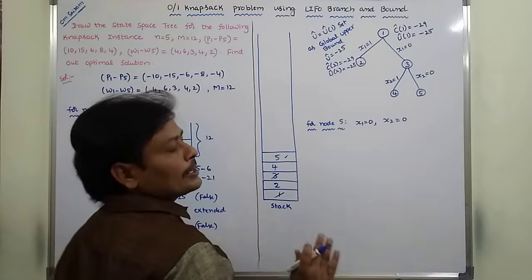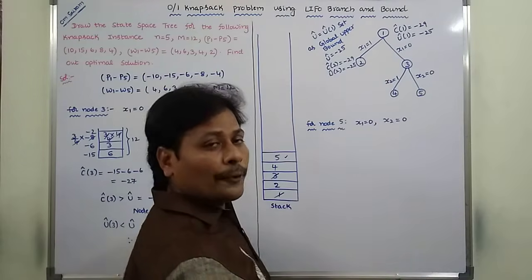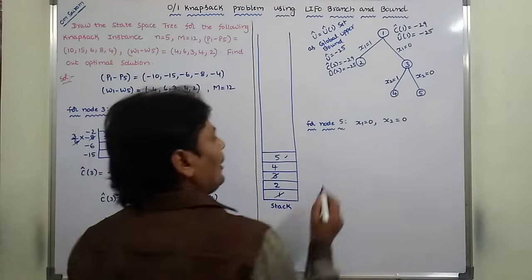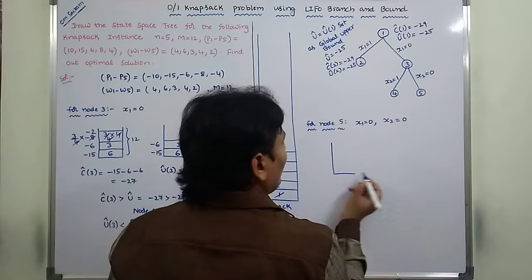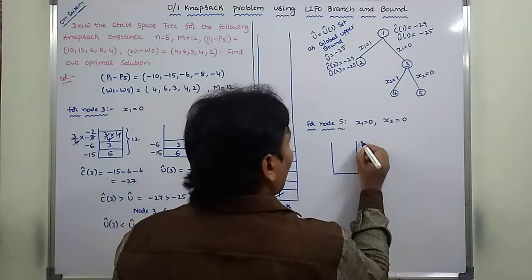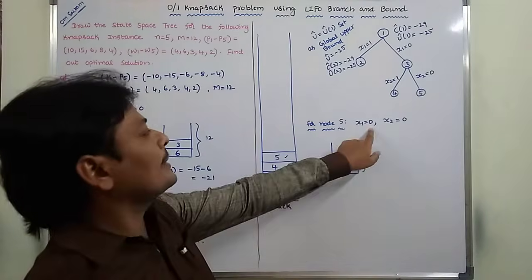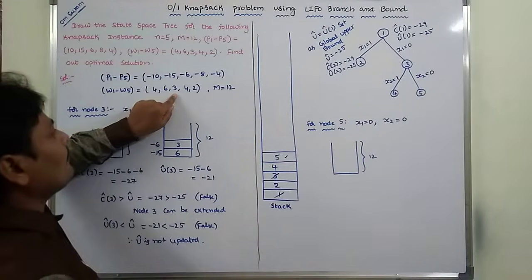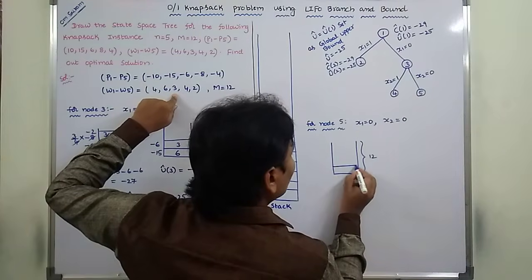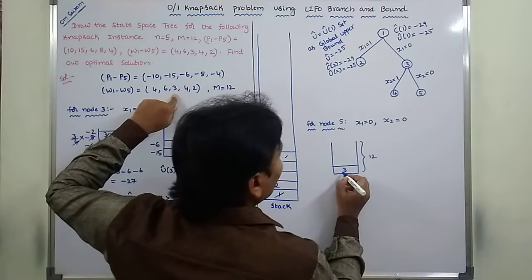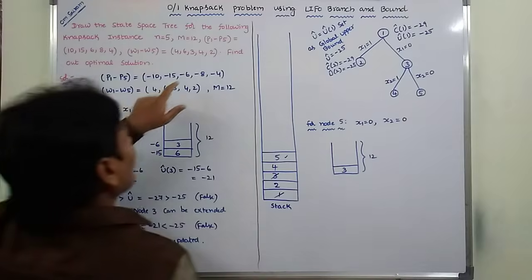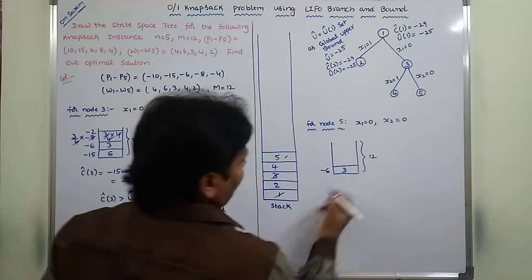The capacity is used for placing the third, fourth and fifth objects. Now the capacity of the knapsack is 12. Now placing the third object. The third object weight is 3. It is completely placed into the knapsack because 3 is less than 12. The corresponding profit is minus 6.